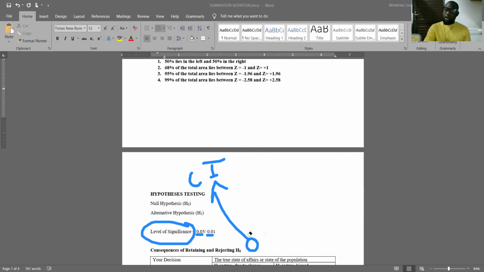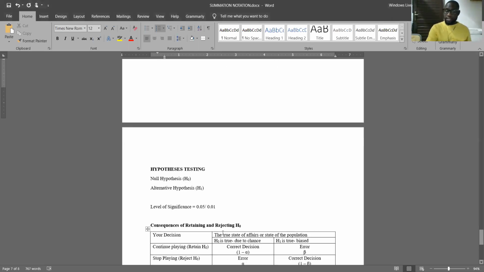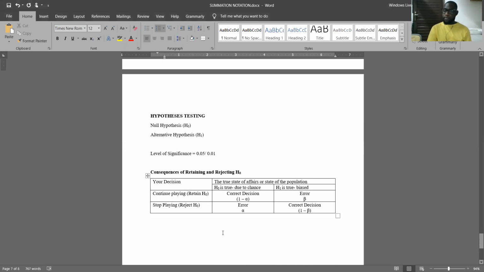The ultimate goal of any research is to either accept or reject the H0. In most situations, we want the error that we are making in research to be very, very low, right?